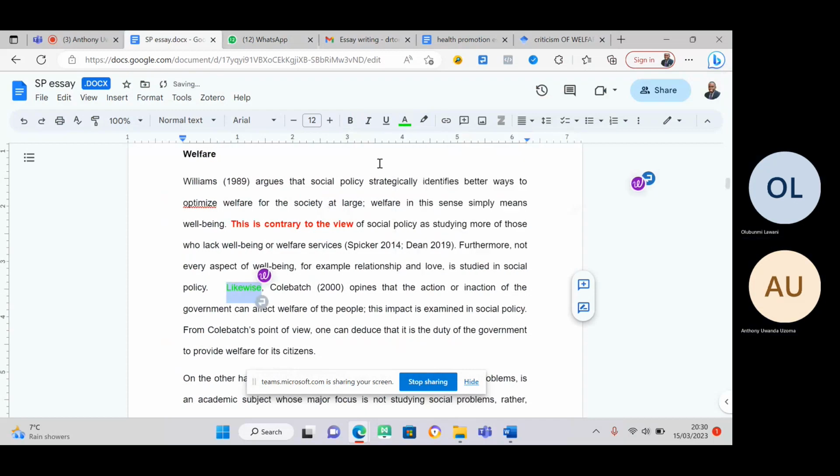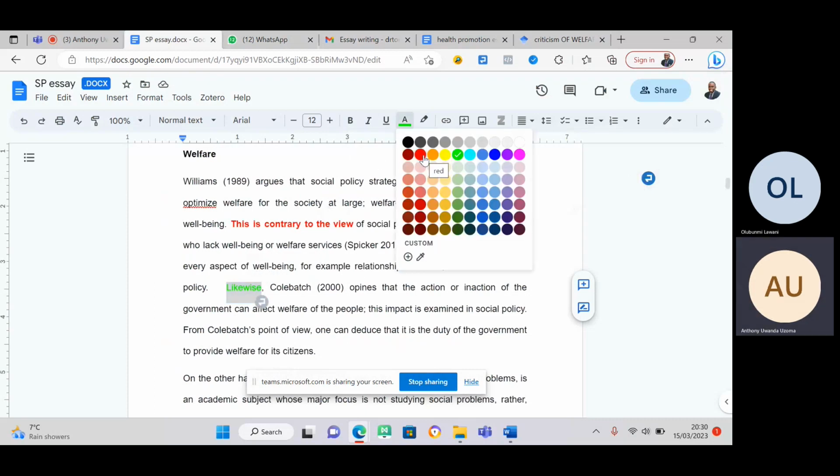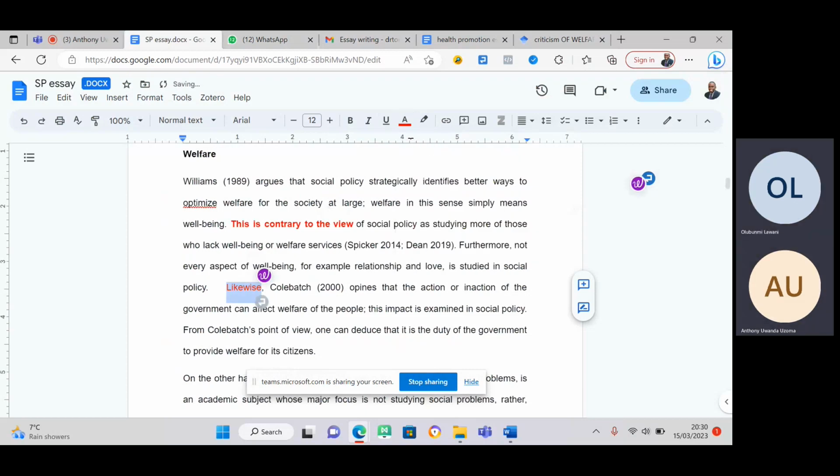Those are the things they're looking out for. So if you're saying a similar idea, you use likewise, similarly, furthermore. Now if you're saying on the contrary, you use something like although, however, but. These are contrary. So we want to be seeing the flow of your thoughts.